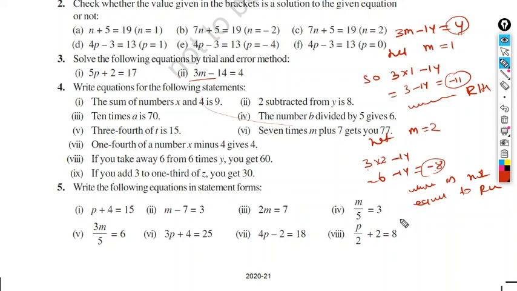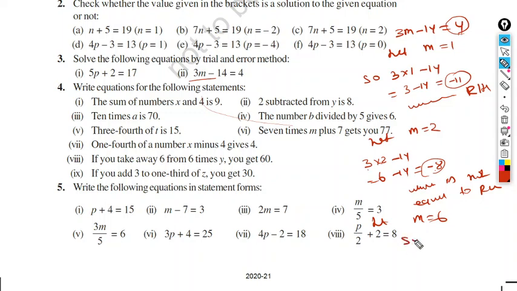Then you will assume m equal to 3, then 4, then 5, then finally you will come to m equal to 6. I am not writing m equal to 3, 4, 5. You do it in your rough copy, math copy. So let m equal to 6.